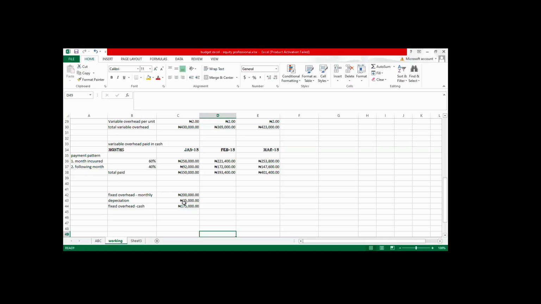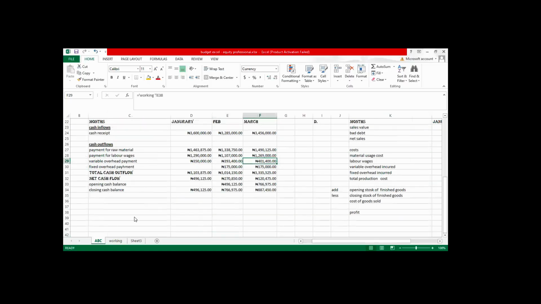Examiner says these overheads are paid 1 month after. That means the fixed overhead for January will be paid in February. The fixed overhead for February will be paid in March. The fixed overhead for March will be paid in April.